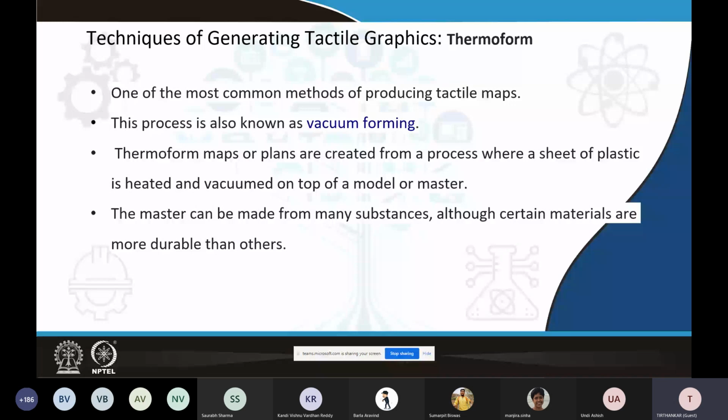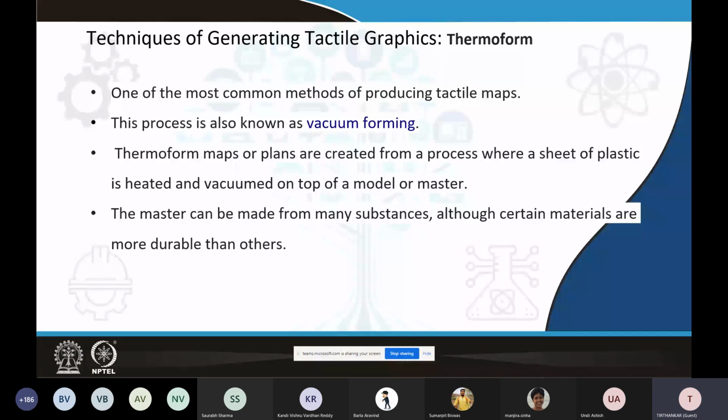The technique involved is called thermoform, and they generate heat to distort these polymer materials, and then they can have an impression of the entire image.